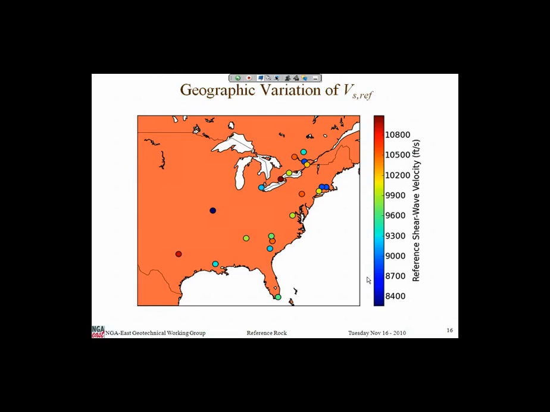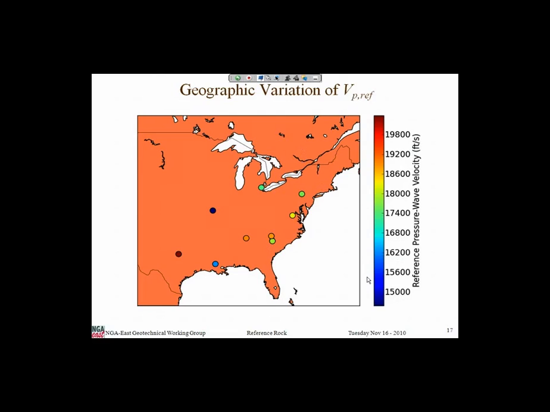Are we going to select certain parts of eastern U.S. to have one reference rock with a certain velocity, and another region with a different rock velocity? Right now, we are a bit inclined to say we don't see a clear trend in that, so the data doesn't seem to be sufficient to help us with that type of regionalization.